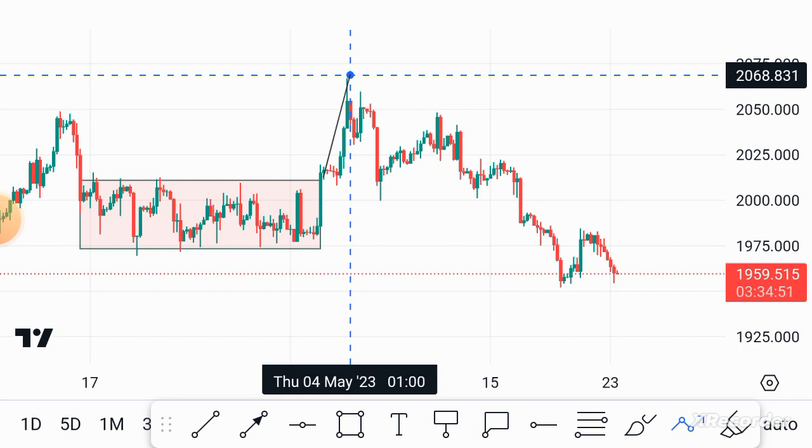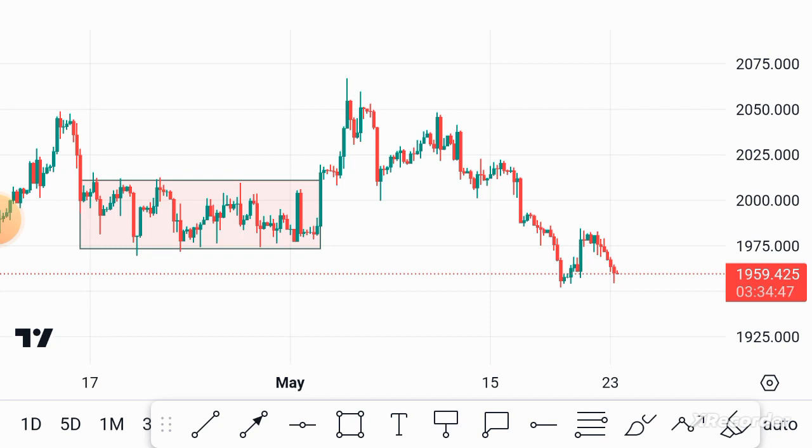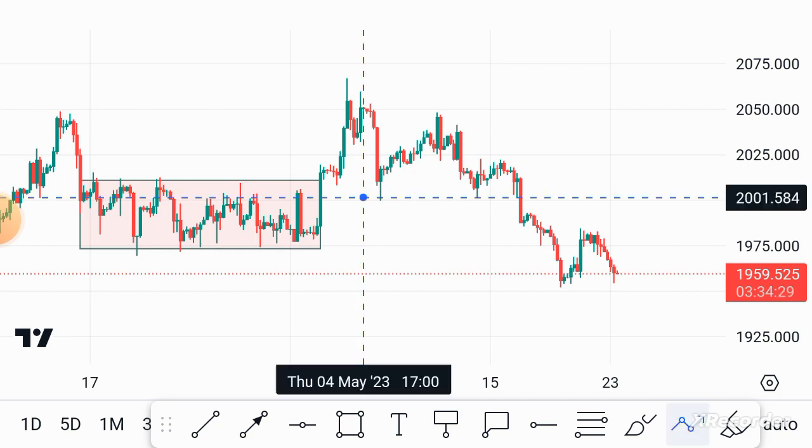Before I continue, I would love to say something. A downtrending market always forms a lower high, lower low, lower high, lower low, lower high, lower low. This is how it looks like.